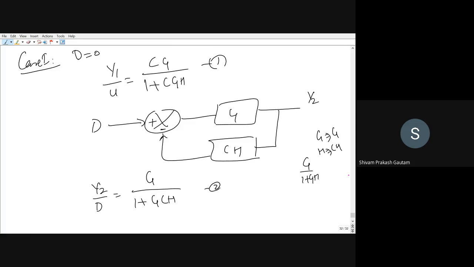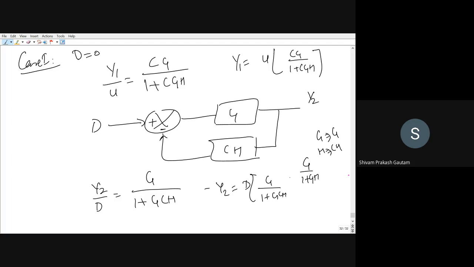What you can do is write Y1 is equal to U multiplied by CG upon 1 plus CGH, and Y2 is equal to D multiplied by G upon 1 plus GCH. This is our equation number 1, and this is our equation number 2.